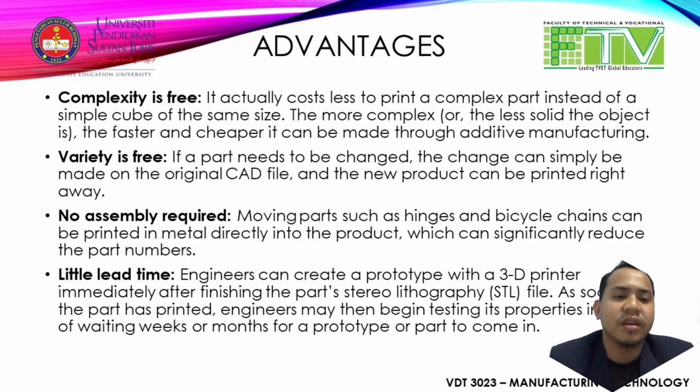The second is that variety is free, because if a part needs to be changed, the change can simply be made on the original CAD file and the new product can be printed right away. The third is no assembly required, because moving parts such as hinges and bicycle chains can be printed in metal directly into the product, which can significantly reduce the part numbers.